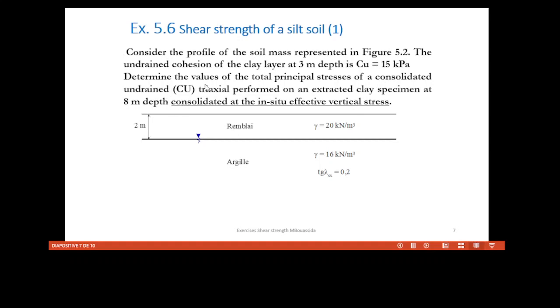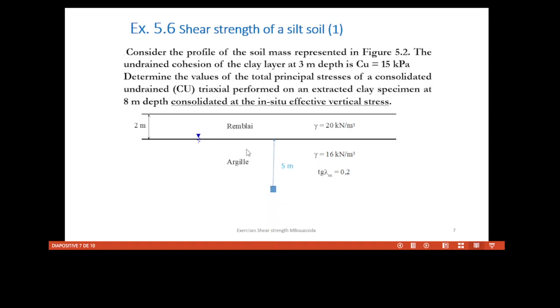So the question is to determine the values of the total principal stresses of a consolidated undrained triaxial test performed on a clay specimen extracted at 8 meter depth. 8 meter depth, that is 2 plus 6 meter.